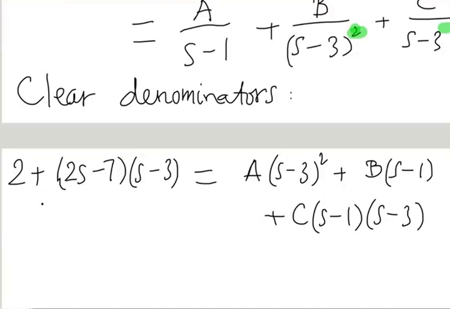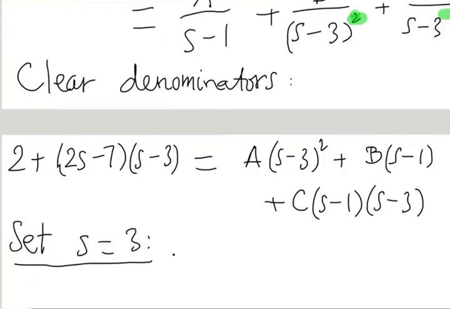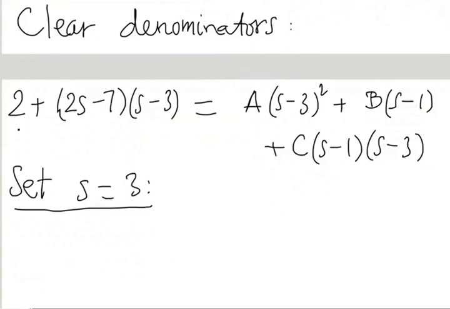Now to solve for A, B, and C, we use special values of s. For example, set s equal to 3. We plug 3 in. Now here you see the benefit of leaving the product here.